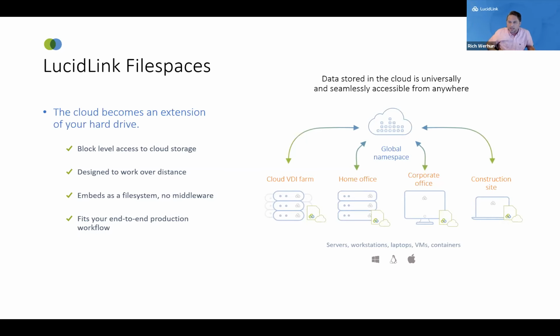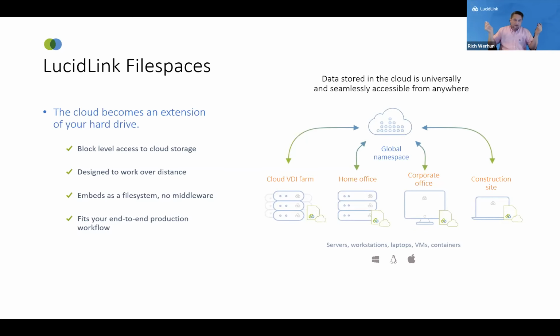From a construction site, with that internet connection, a hotspot on a phone, can read and write to that namespace. Or from a VDI setup. It's truly a globally accessible namespace where every client reads and writes directly to it.